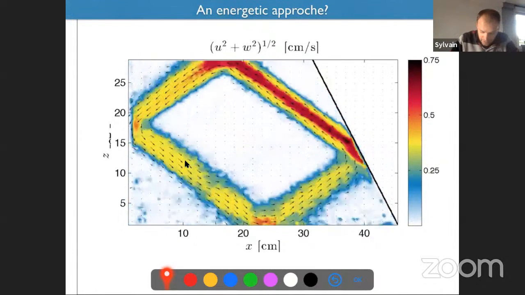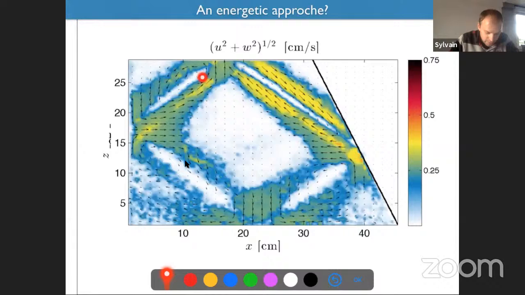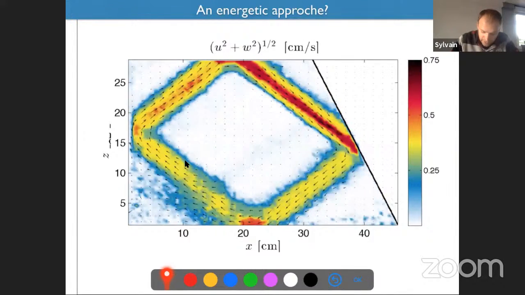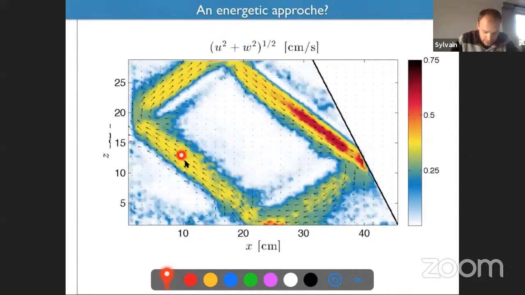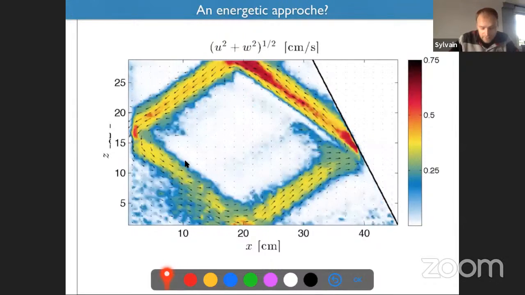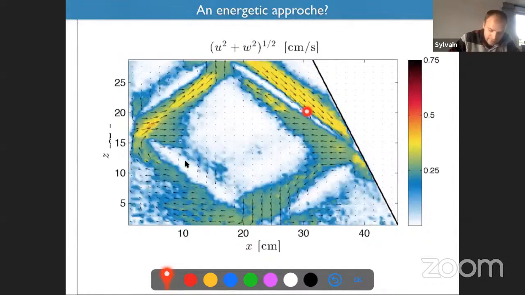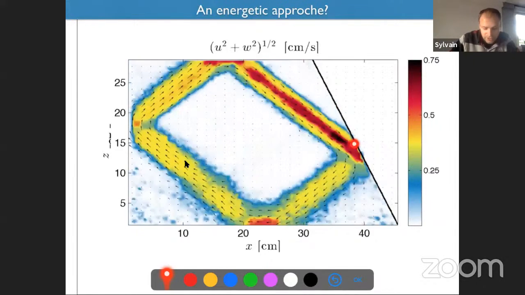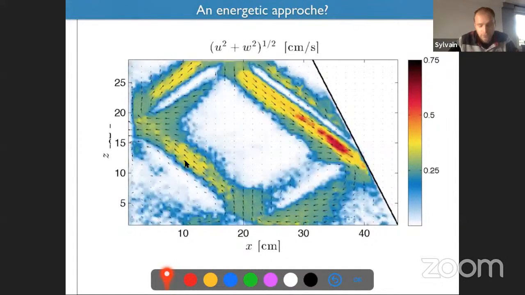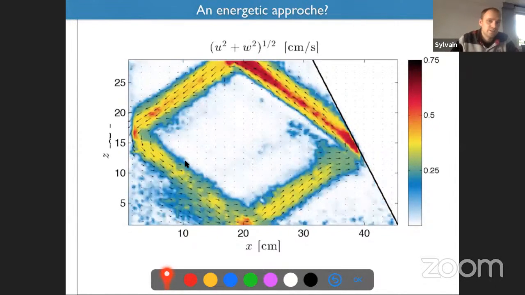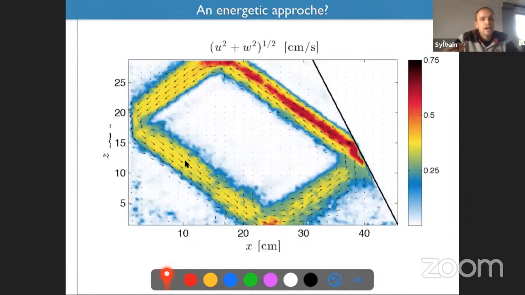So you can see, as a function of time, that you have this localization of energy over this pattern, and the energy is strongest in this branch, which is just the branch after the reflection on the slope, which is the branch after focalization.